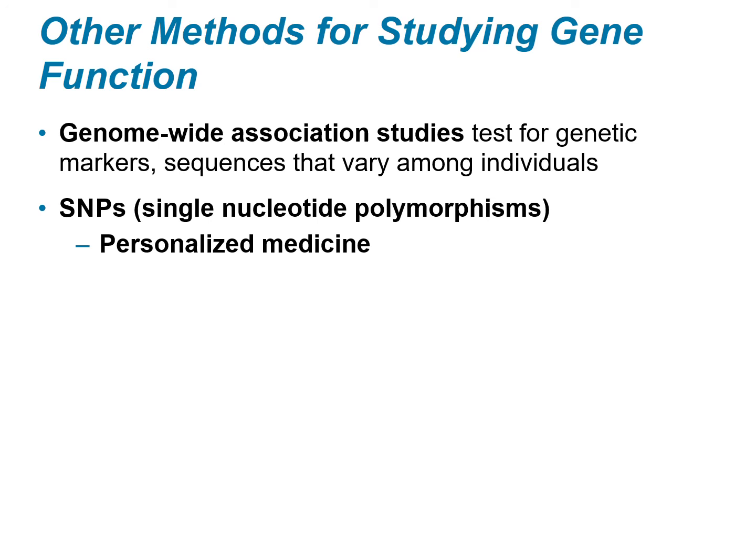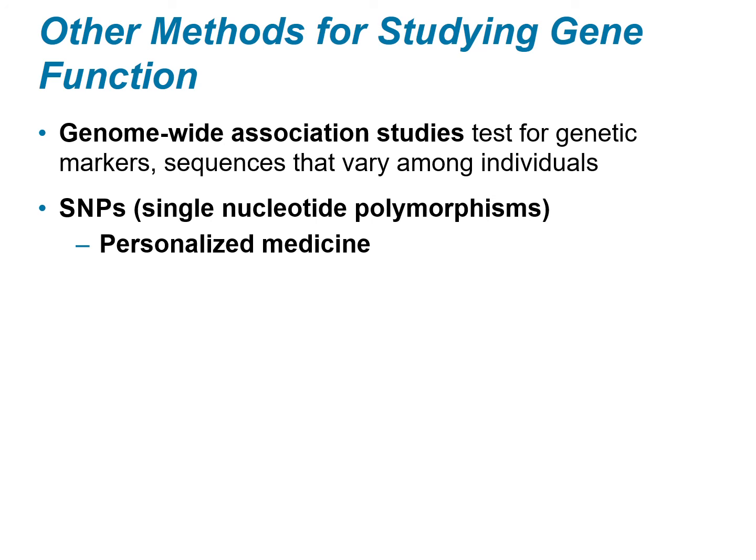Now, if you could do a genome-wide study, say take an individual's whole genome and determine the SNPs, and find the variation of the SNP that they have that suggests they would likely respond, not respond, or have a negative response to a particular medication, this is a form of personalized medicine.